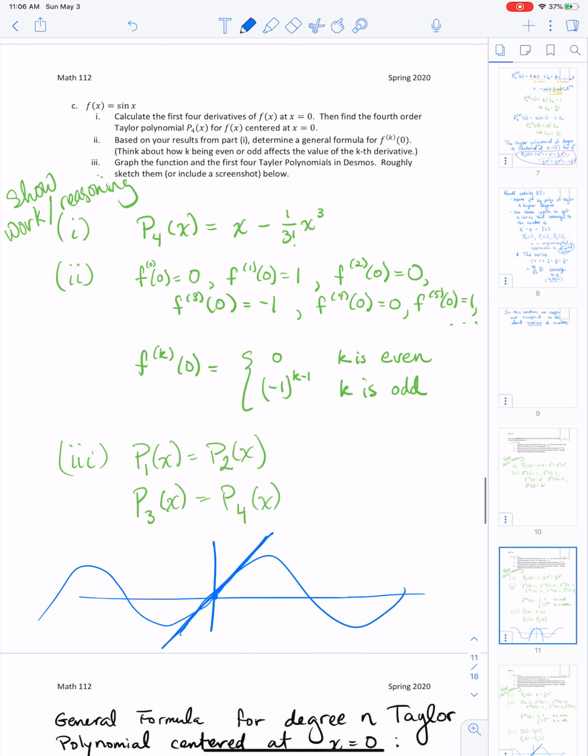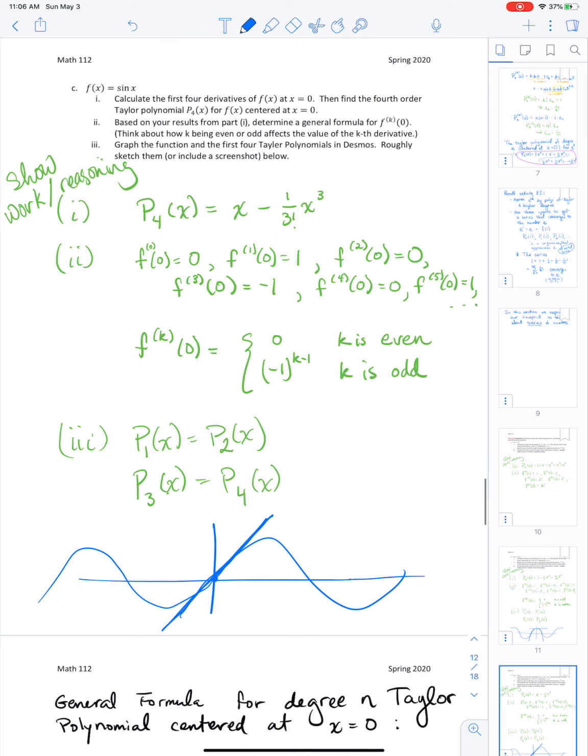So you would end up with the best degree 4 polynomial being the same as the best degree 3 polynomial for a similar reason as when we talked about cosine: cosine is an even function, sine is an odd function, so it's best approximated by odd polynomials. All right.